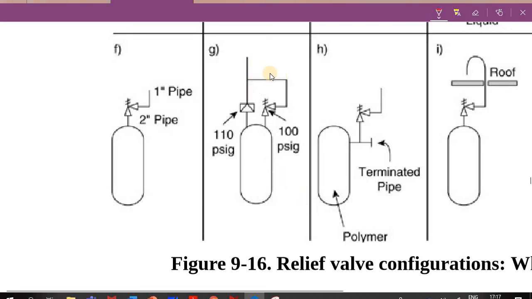The thing that we had here in part G is that this will go out first, and then of course the rupture disc for backup. But the problem is that you can see how close they are, only about 10% difference.